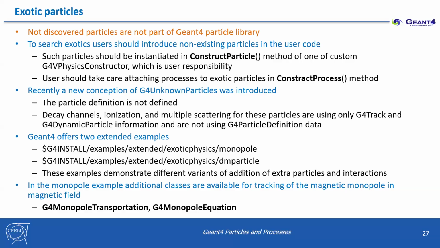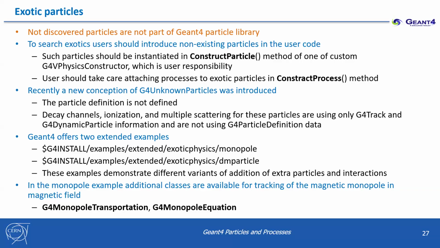This may make user life easier, but we are not 100% sure that this unknown particle will be useful for many applications, because we have already LHC run 1, run 2, run 3. And there are mechanisms for how to define exotic particles in the experiments.